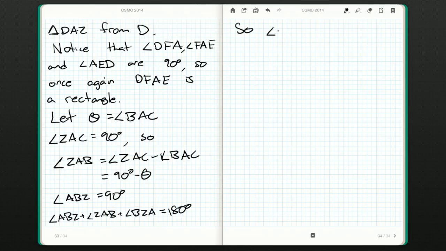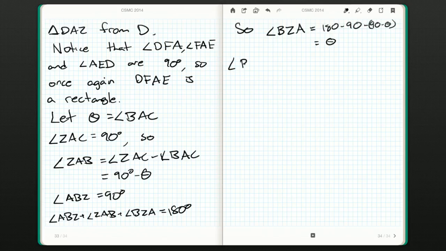So angle BZA is 180 minus 90 minus 90 minus theta, which is equal to theta.